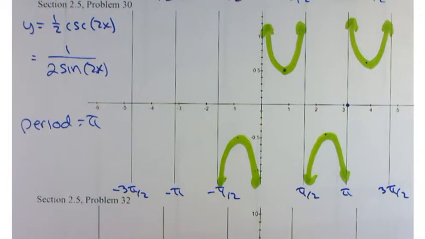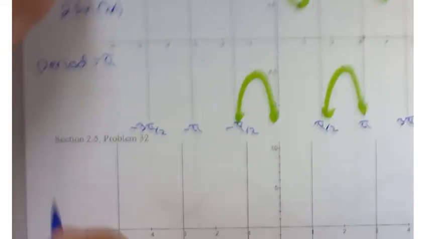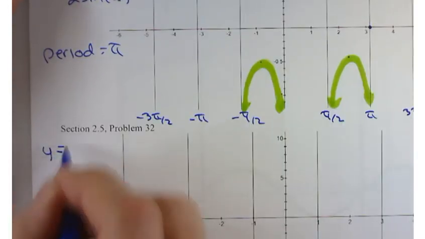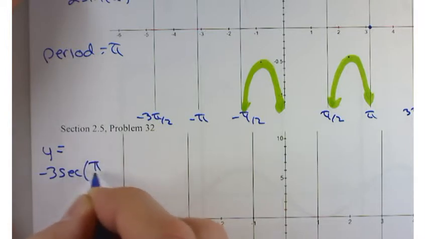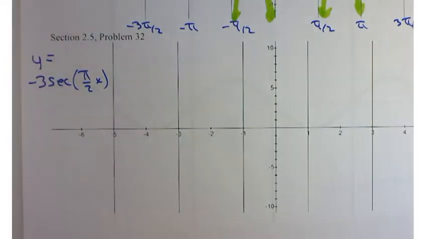Y equals -3 secant of pi over 2 times x. Wow. So this one's going to be a little bit messy, at least initially. I think in the end it works out pretty nice.